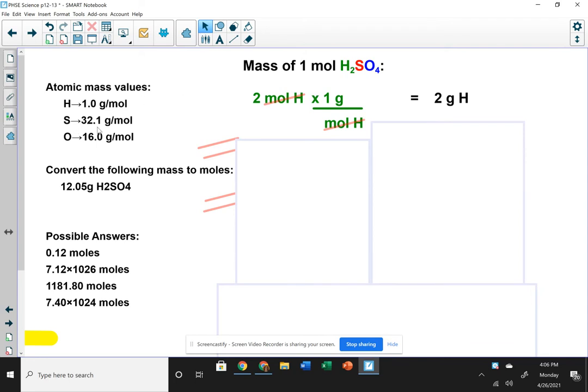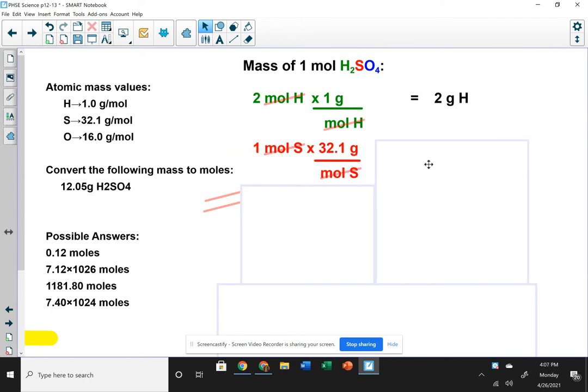If you look at sulfur, you have 1 sulfur here. There's no subscript, which means there's a 1 there. So you have 1 mole of sulfur, and there's 32.1 grams per mole. You cancel out your moles, and you end up with 32.1.